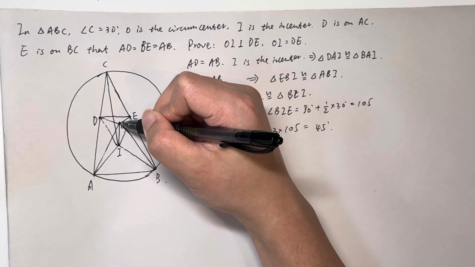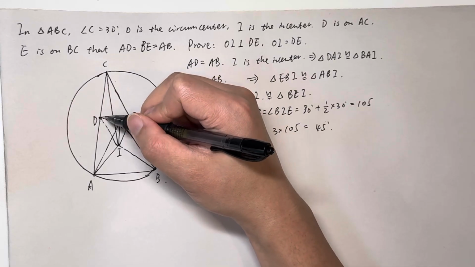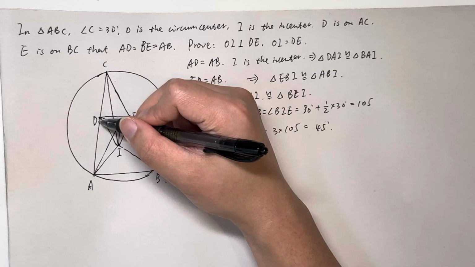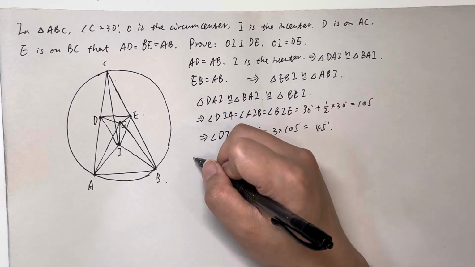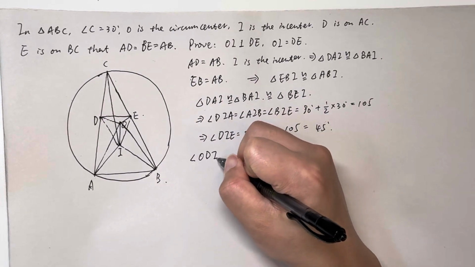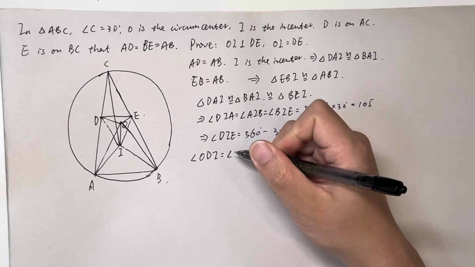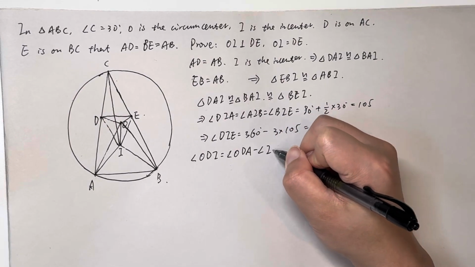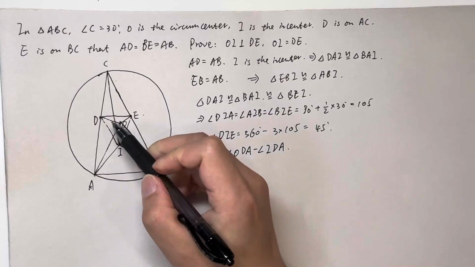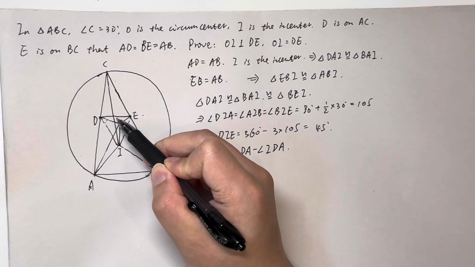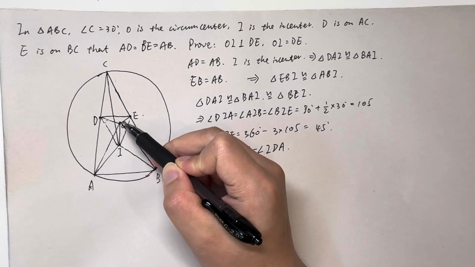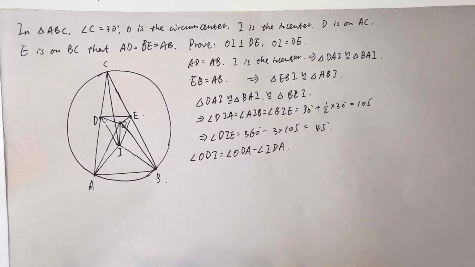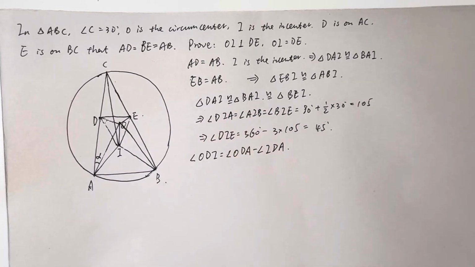That means angle ODI equals 45 degrees. So we just need to find the angle ODI now, right? The angle ODI equals angle ODA minus angle IDA, right? Let's assume this angle equals alpha.